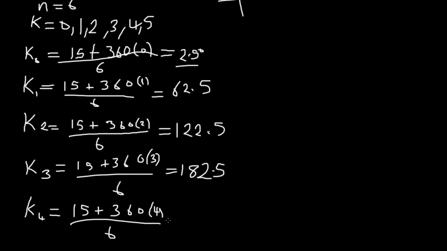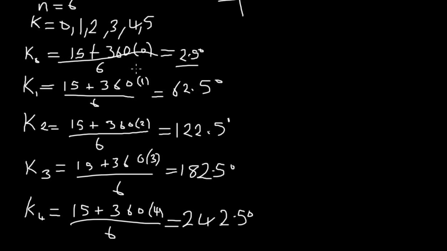So 360 times 4, you get 1440, and then you add it to 15, you get 1455. Divide by 6, you get 242.5. So 242.5 degrees. All these are in degrees.